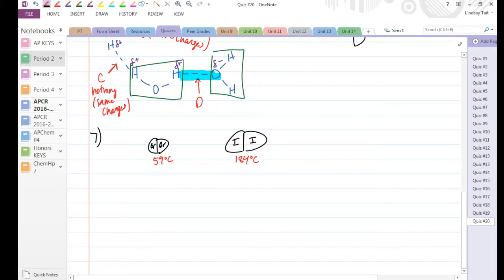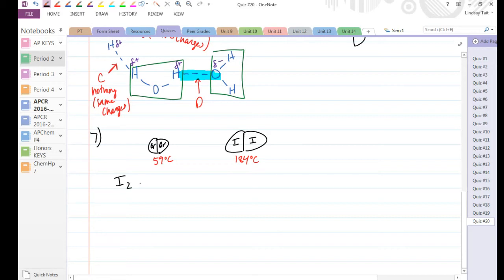You guys should already be able to tell me why this one had a higher boiling point, and that is because while they're both nonpolar and they both experience only dispersion forces, or LDFs, it is the fact that the iodine has more electrons. And so here was the answer to that question.